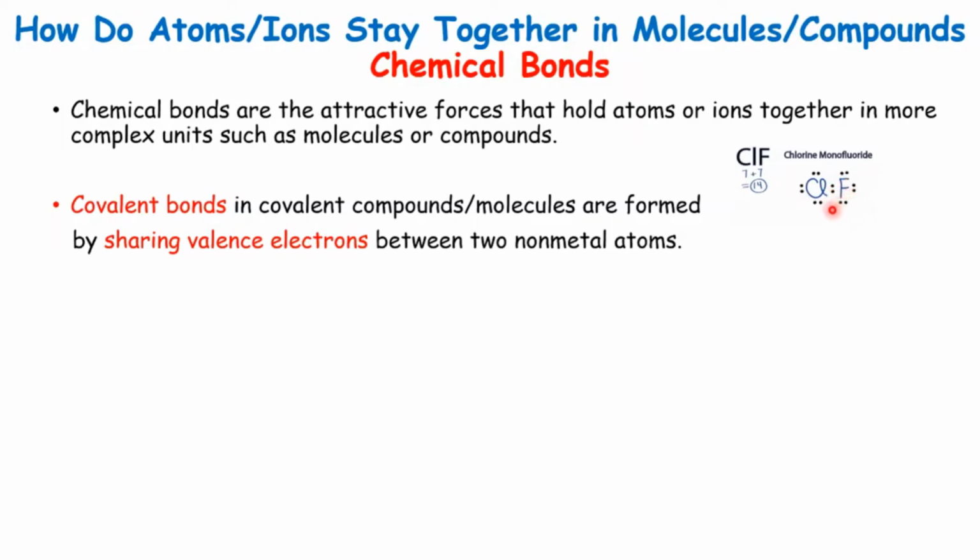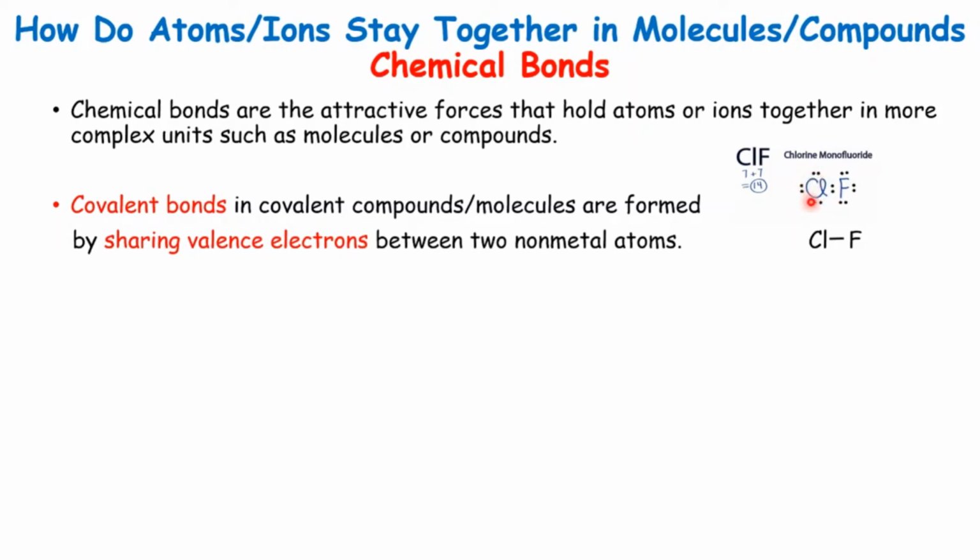We call that the octet rule. Whenever atoms or ions have 8 electrons surrounding them, that's actually more stable. Because of the sharing of this pair of electrons, this is the only pair of electrons shared. Like this one, this one, this one, those are called lone pairs.